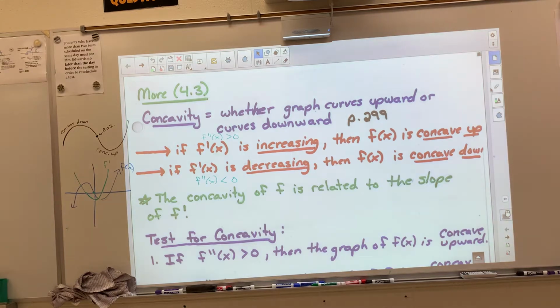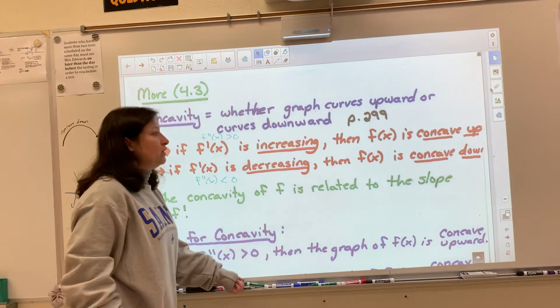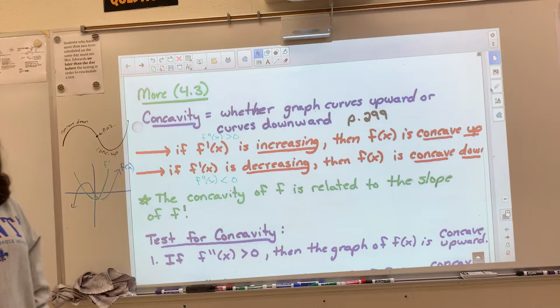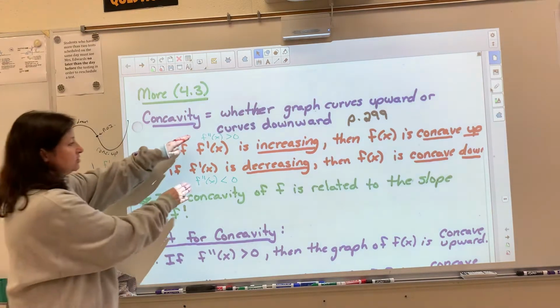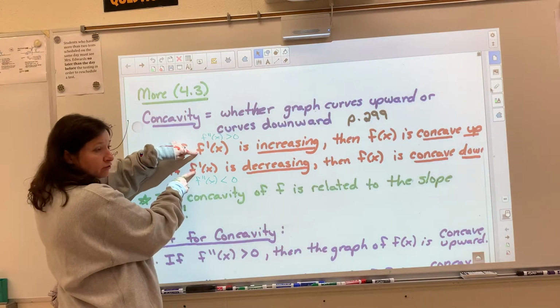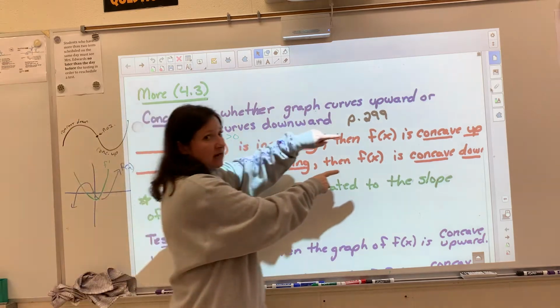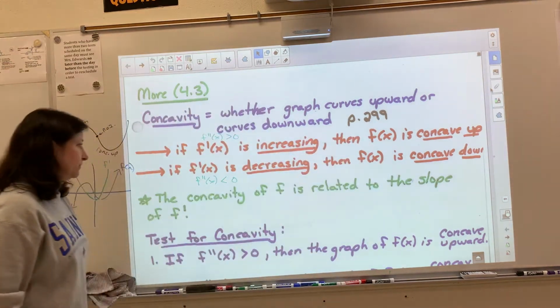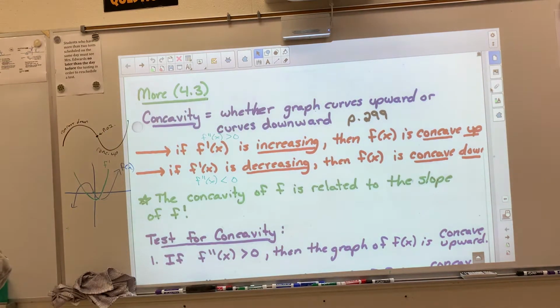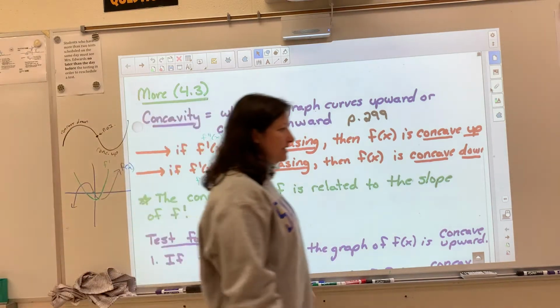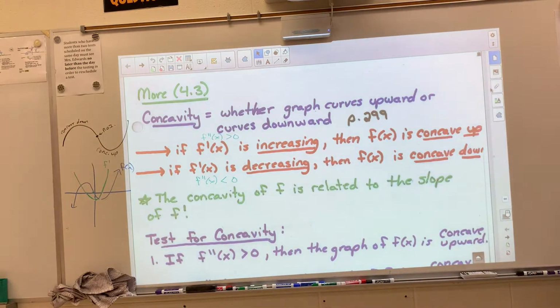So the second derivative is going to be used to analyze concavity on the original. The second derivative measures the slope of the first derivative. It measures the concavity of the original. So the concavity of the original is related to the slope of the first derivative.